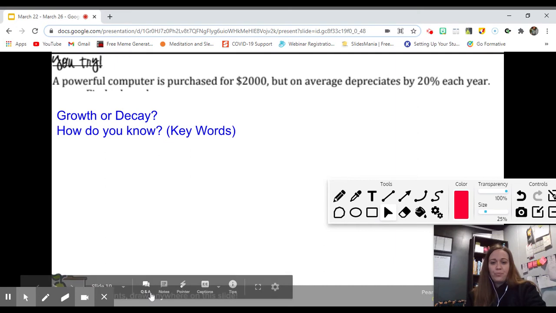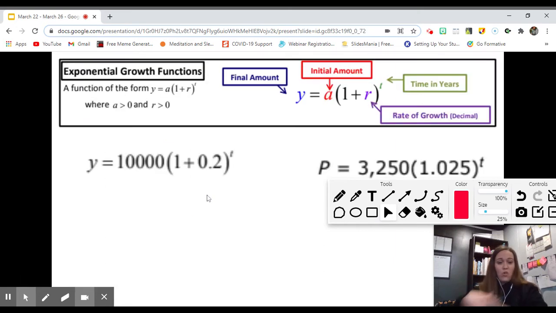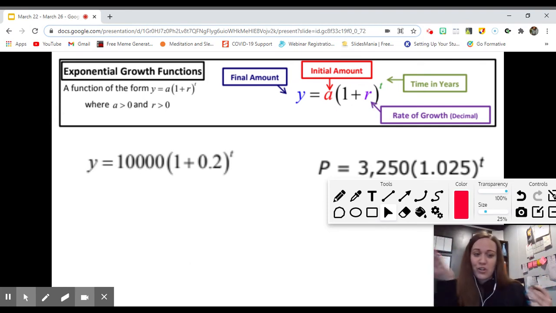Okay, so what's next? We have our particular formula for the exponential growth function. You have your final amount, which is your y, what your equation is equaling. You have a, which is your initial amount, and then 1 plus r. We are using the plus sign to represent a growth equation, and you guessed it, we're probably going to be using a subtraction sign to represent the decay.